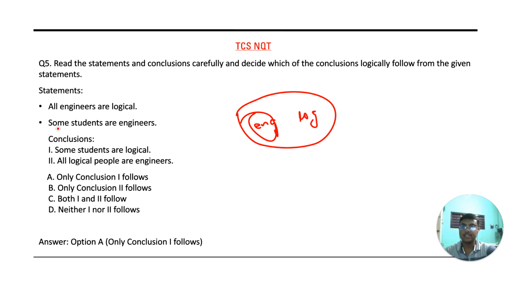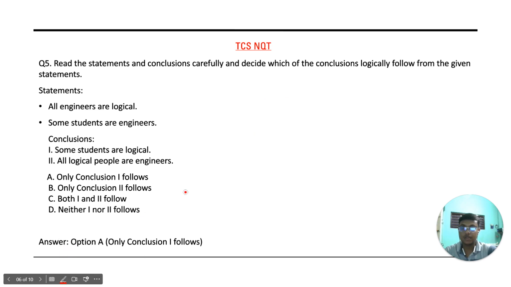Okay. Next is some students are engineers. So we can do it like this. Okay, this is one circle and this is the other circle. Now this is engineer and this is logical.